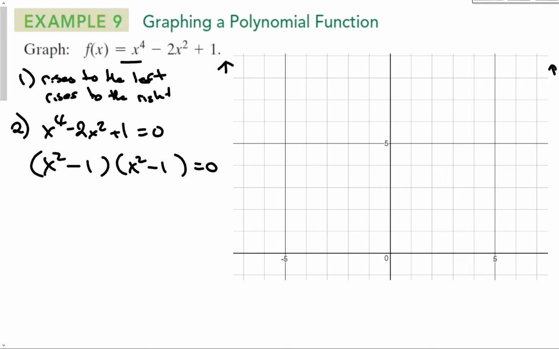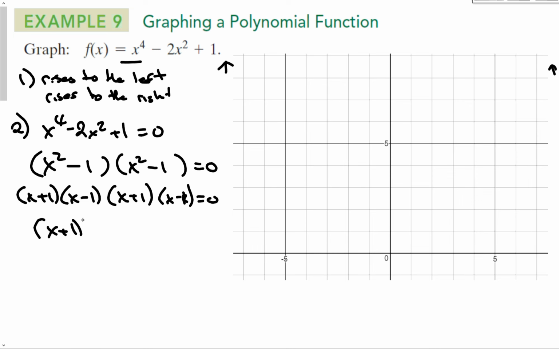Those continue to factor to x plus 1, x minus 1, x plus 1, x minus 1, which gives me x plus 1 squared times x minus 1 squared, which means that x is going to equal negative 1 and x is going to equal positive 1, both with a multiplicity of 2.